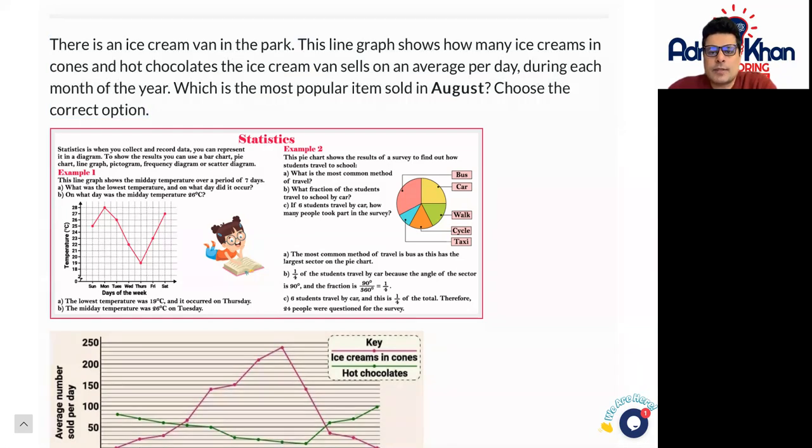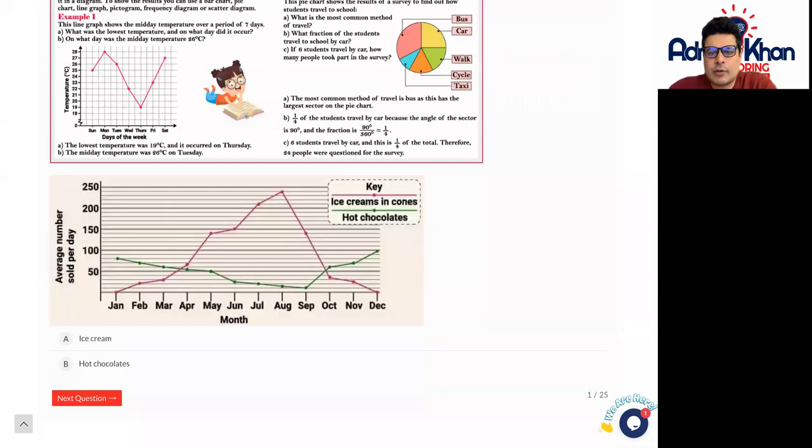So let's have a look at August. So we've got August, which is there, and green stands for hot chocolates, and the pinky reddish color stands for ice creams in cones.